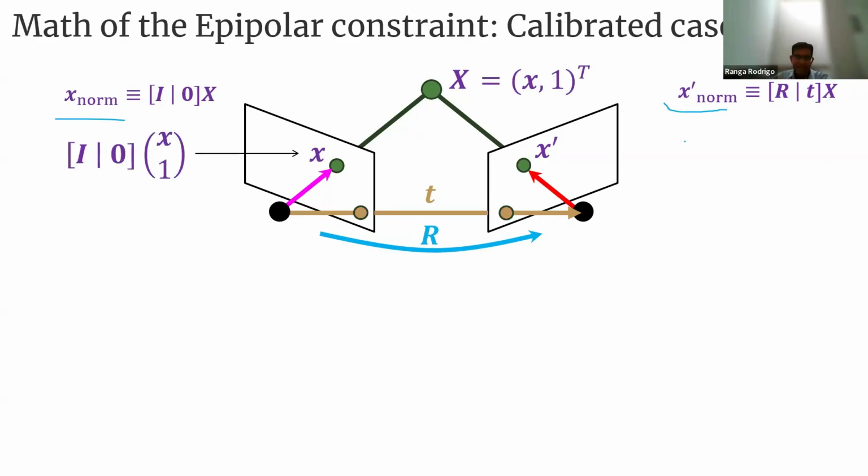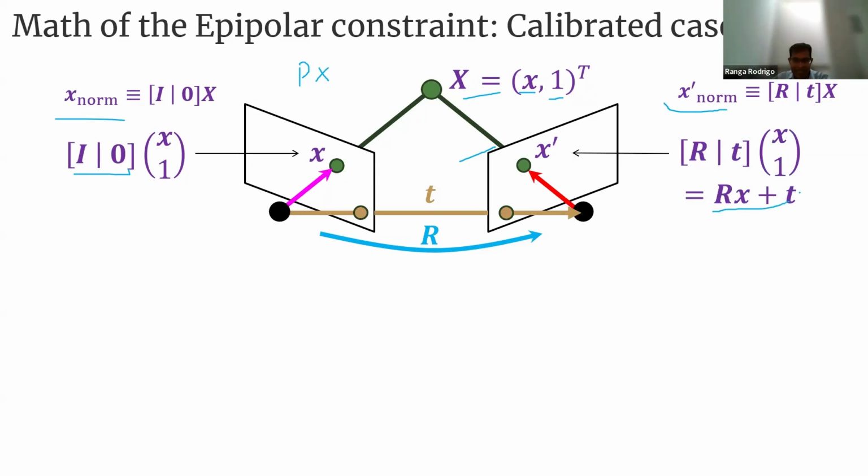How do we get the normalized ones if we know capital X? Remember Px is how you make the camera image. So for capital X, it is [R|T] times X, 1. So small x prime is Rx plus T, and small x is x, and T is here.